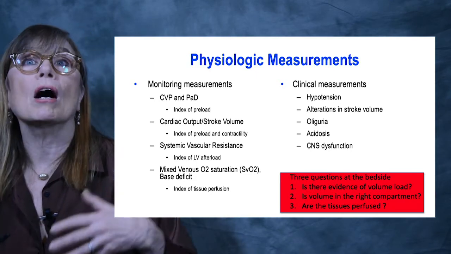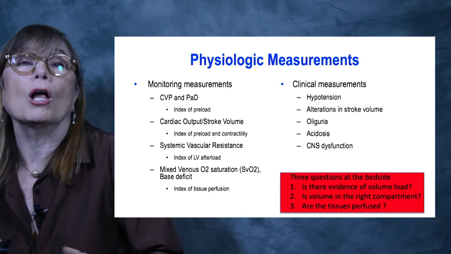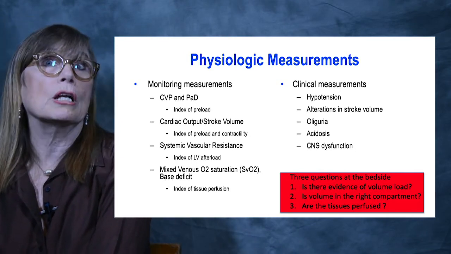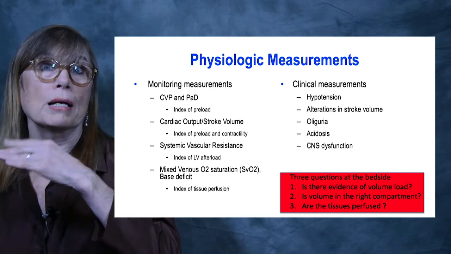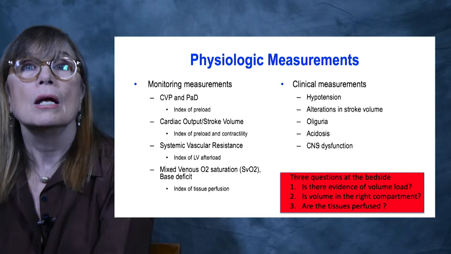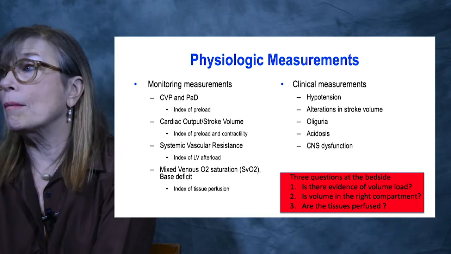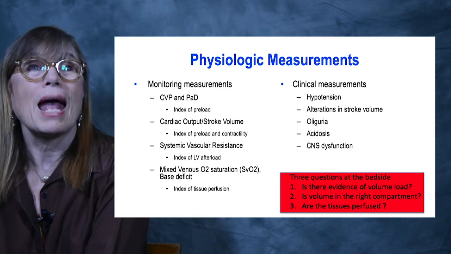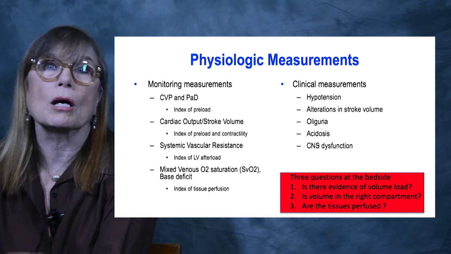Cardiac output and stroke volume is an index of the volume load and the contractile apparatus to move it forward. We're going to use stroke volume, and our most common is going to be CVP and stroke volume. Systemic vascular resistance, remember, is the calculation requiring MAP, CVP, and cardiac output, which is stroke volume times heart rate.